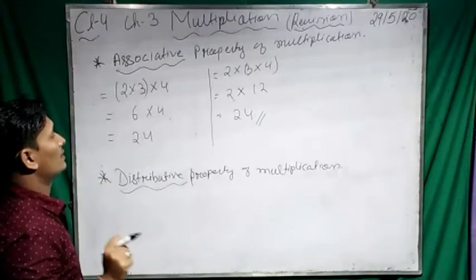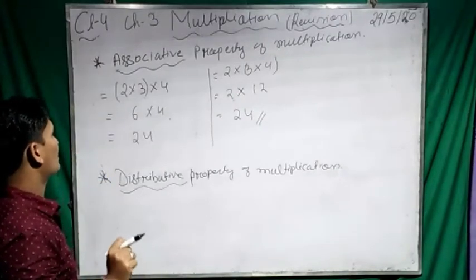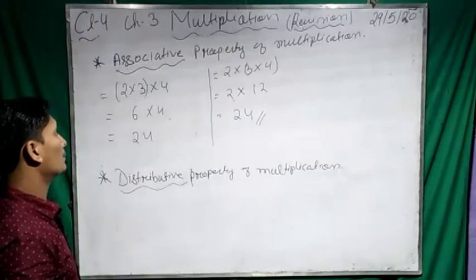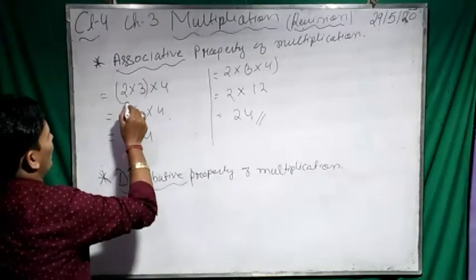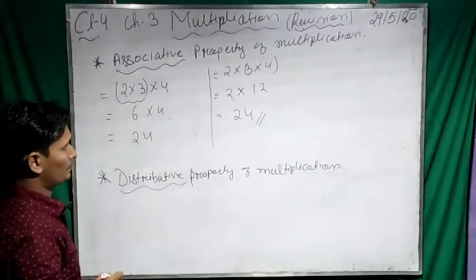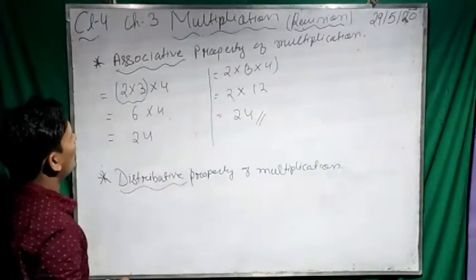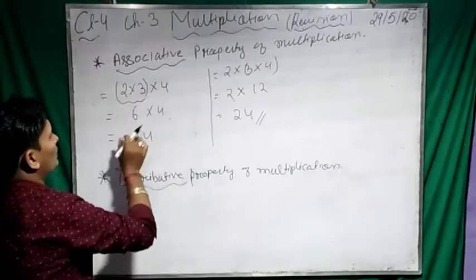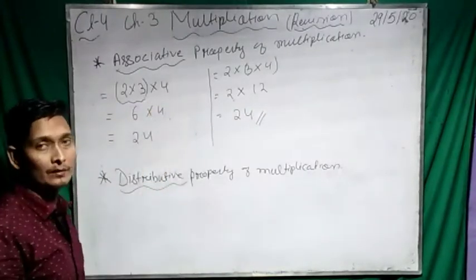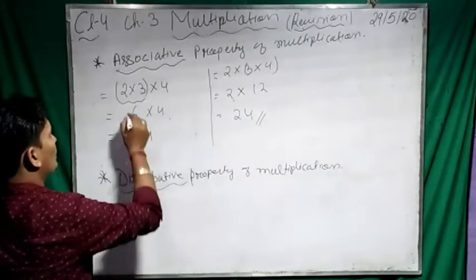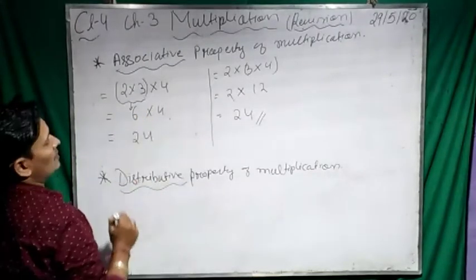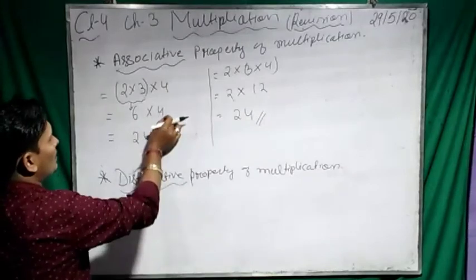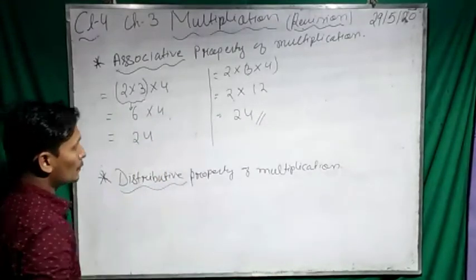The associative property tells us that whenever we are multiplying any 3 numbers, we can multiply any 2 first, and then whatever product we get, we will multiply with the last one. So 2 times 3 is how much? 6, and last I will multiply it by 4. So the answer is 24.